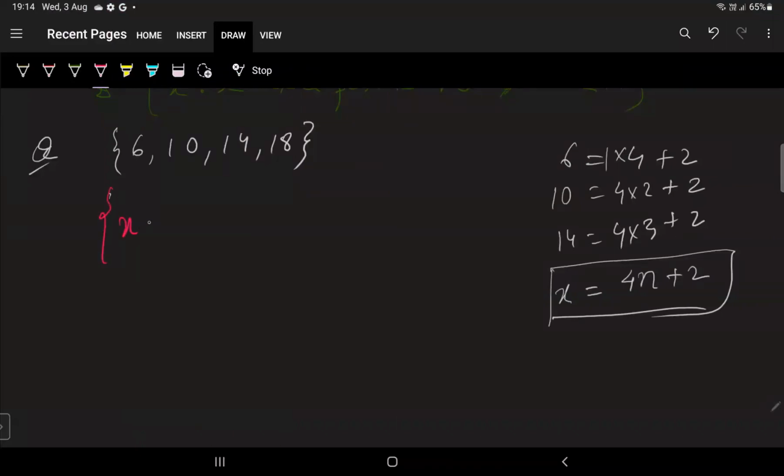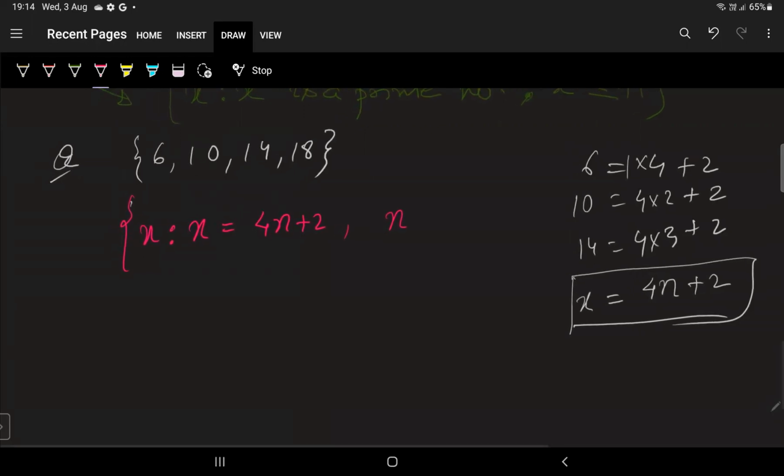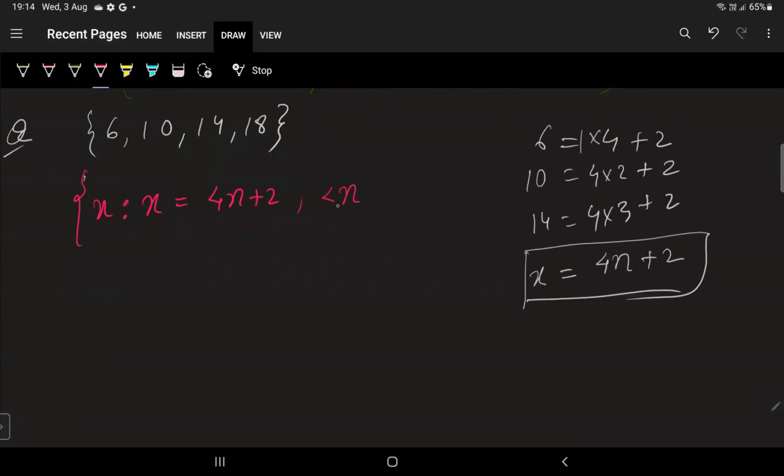So it will be x such that x is equal to 4n plus 2, provided n should be what? Greater than or equal to 1, sorry, my fault. It should be greater than or equal to 1 and lesser than or equal to what can be the maximum value of n? See this equation, see these numbers.